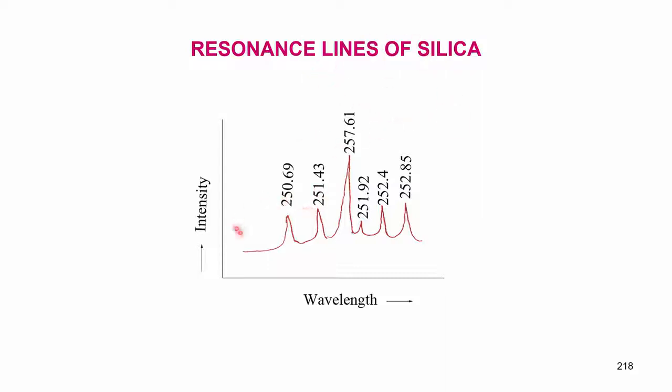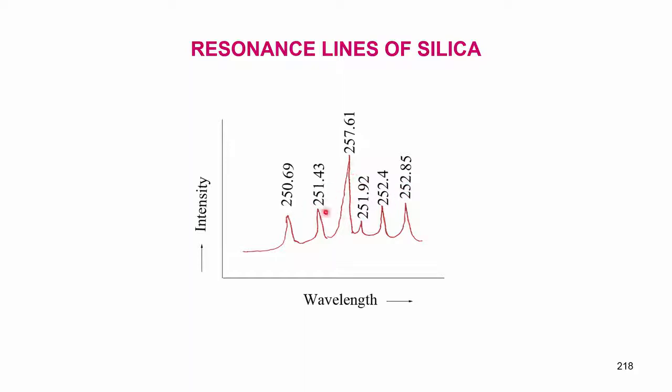Okay. Now, that means atomic absorption analysis can be carried out using 250.69 nanometer, 251.4. I can choose any of these lines, 251, 250, 257, 251, 252 and 252.85. All these are resonance lines, but you can imagine that they are all within 252 nanometers.